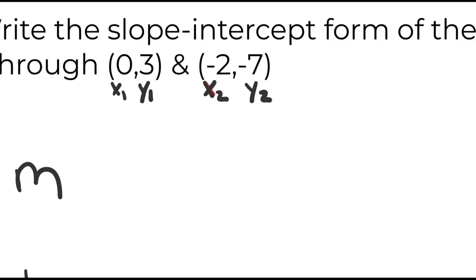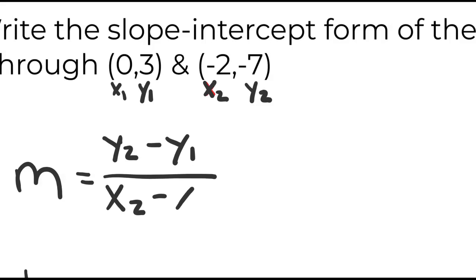Just saying, okay, there's our first point, there's our second point. We're going to find the slope between those 2 points. If you already have your slope formula written down on the box up top, you don't have to write it again. But I'm just going to put it in here so it's in the same spot. y2 minus y1 divided by x2 minus x1.